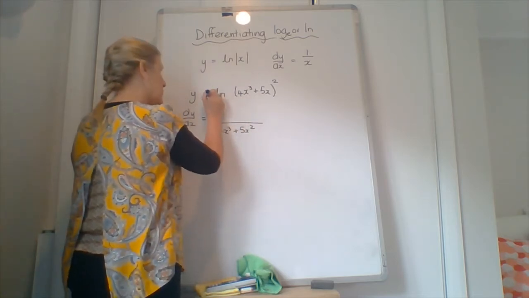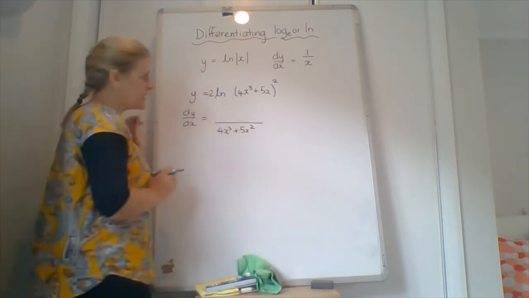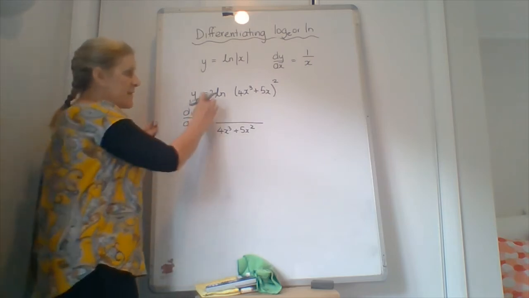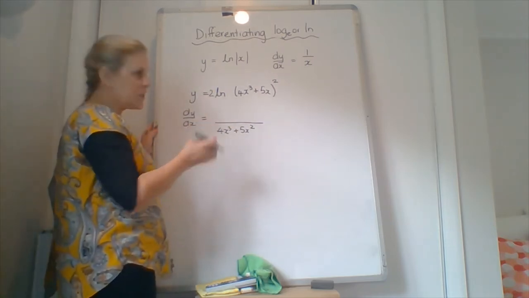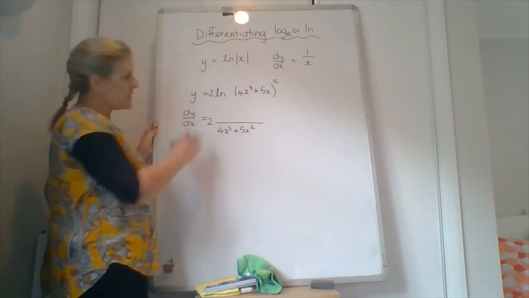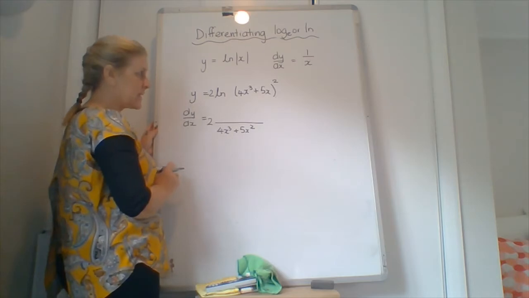Actually, I'm going to put 2 in the front here because I need to explain that. There's a number in front, just like when we did each of the x's. That number there is just a 2. 2 of these will give us 2 of these. So just drop it down, make sure it's in your answer.